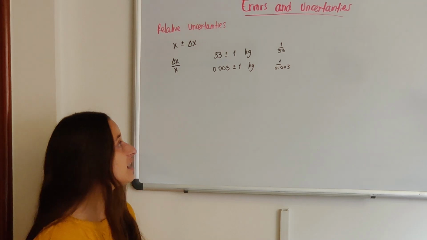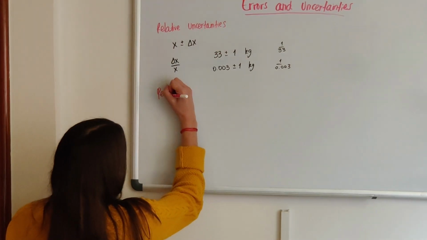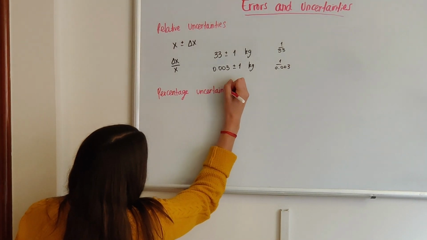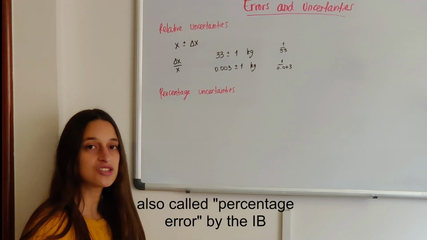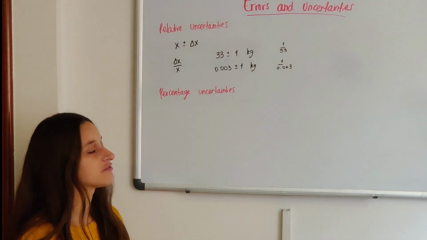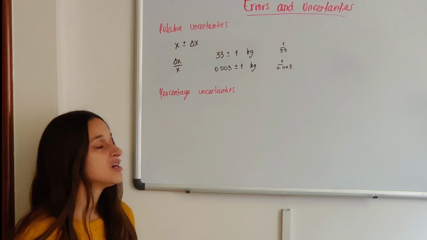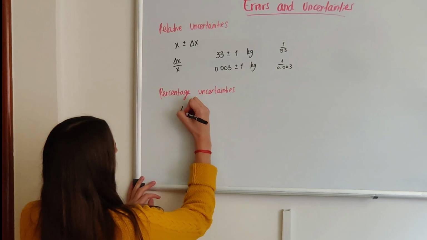We can also see that using percentage uncertainty. So percentage uncertainties are just another way to show the same relative uncertainties. You show them as a percentage instead of as a decimal. So it would look something like this.